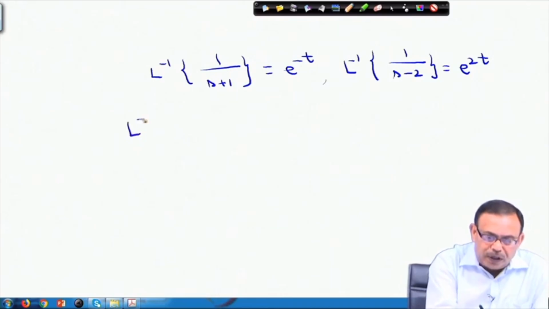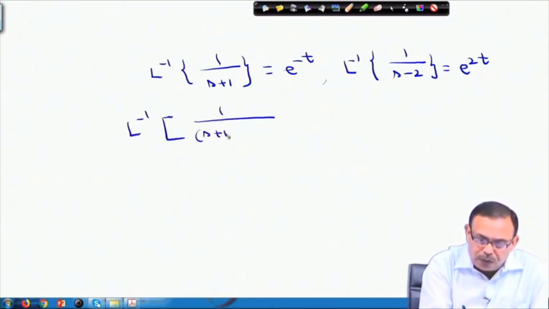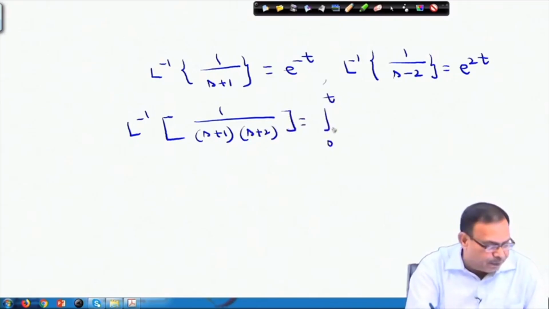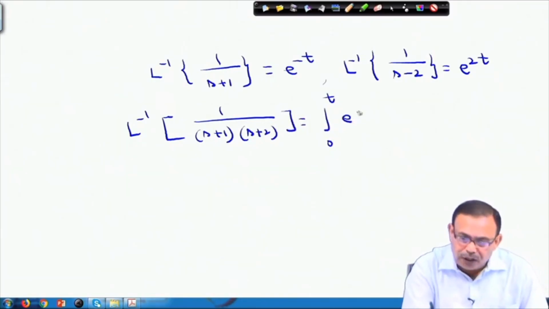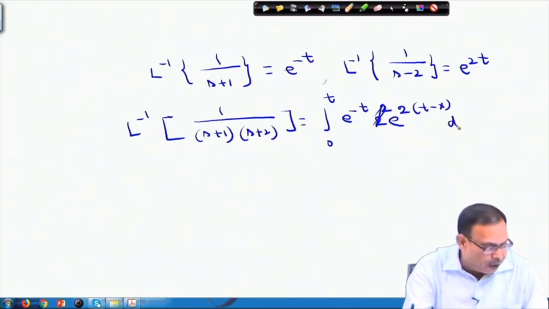So, Laplace inverse of 1 by (s plus 1) into (s plus 2), using the convolution theorem, you can write it as integral 0 to t, where f of t is e power minus t, and g of t minus x is e power 2 into t minus x, dx.